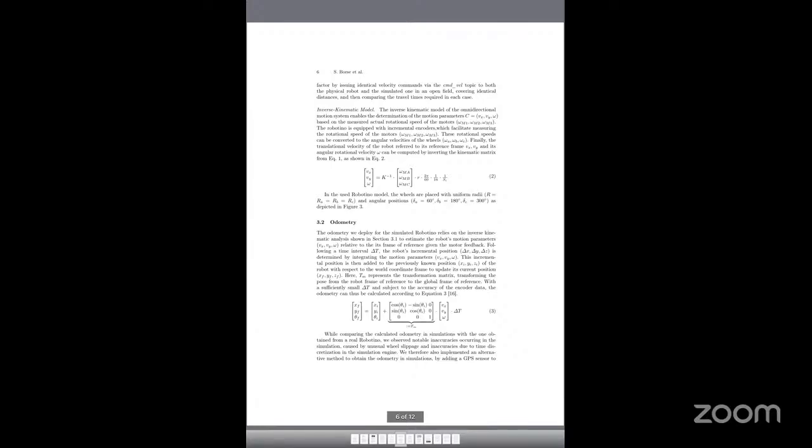For example, say the robot moves forward a small distance, right? Say delta x is equal to 0.1 second.